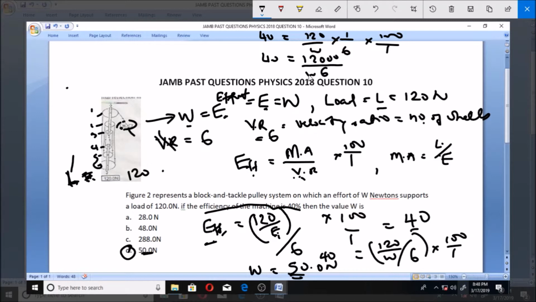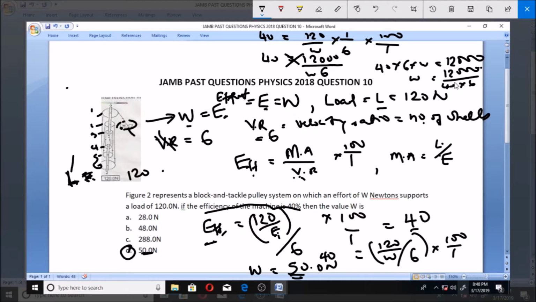When you cross multiply, you have 40 times 6 times W equal to 12,000. Making W the subject, W equals 12,000 over 40 times 6.